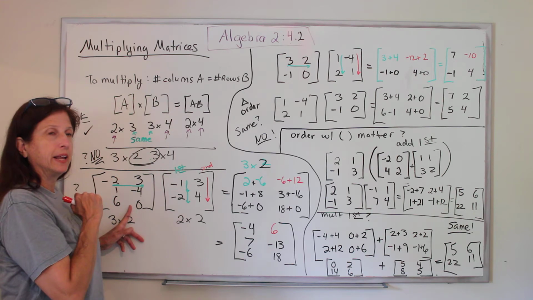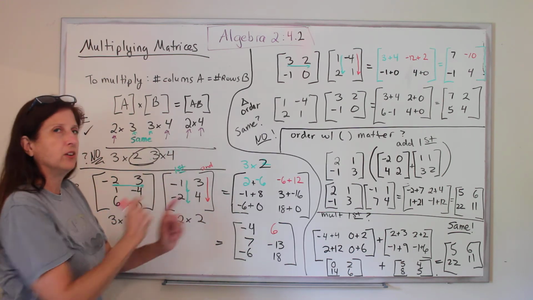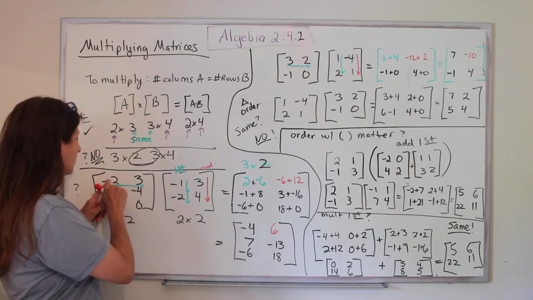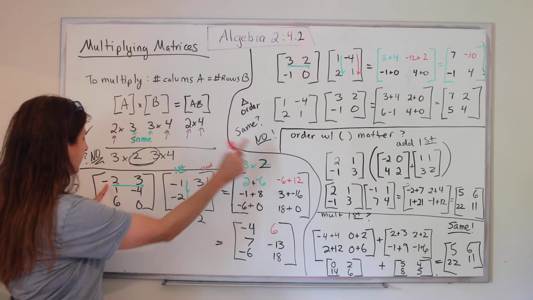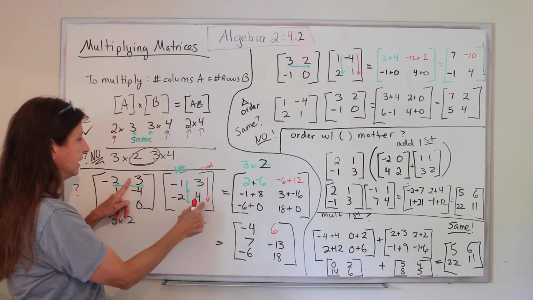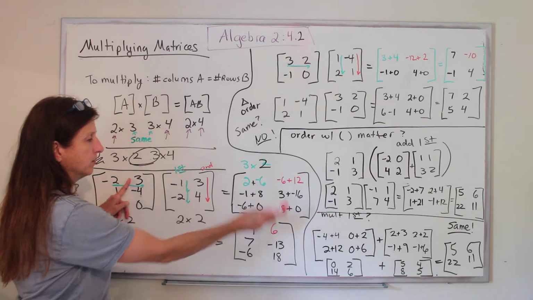Guess what's going to happen now? We're going to do the same thing again, but this time we're going to use the second column. So we're going to do negative 2 times 3 is negative 6, and 3 times 4 is 12. And negative 6 plus 12 is 6.